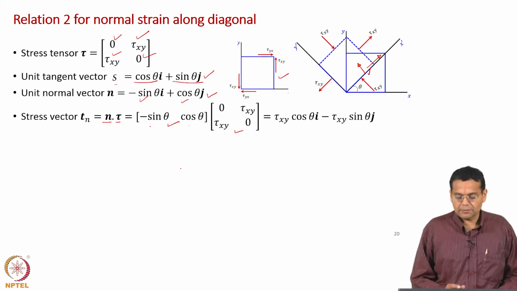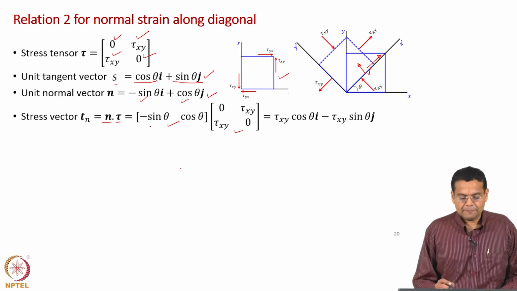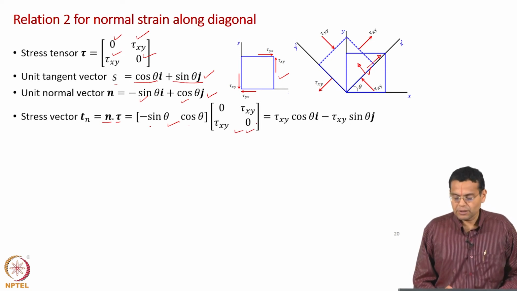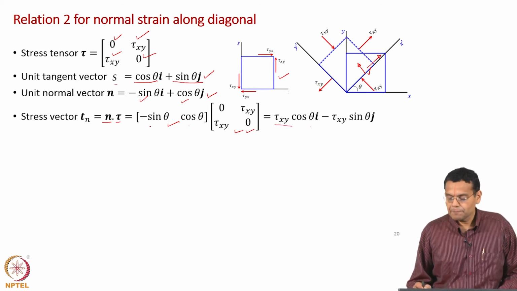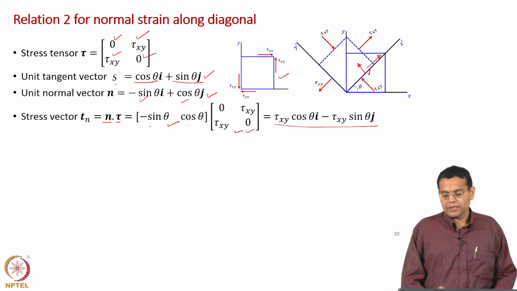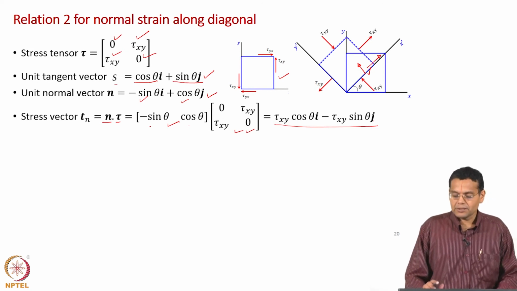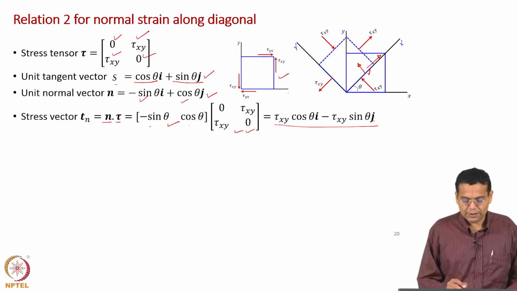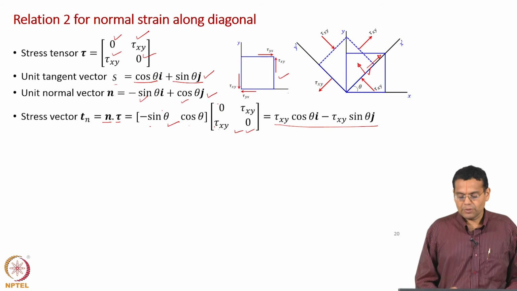We have written this in terms of matrix notation, and the stress tensor is of course given by 0, tau xy, tau xy, 0. A simple matrix multiplication will give us this vector: tau xy cos theta i minus tau xy sin theta j. How do you do that? Minus sin theta into 0 is 0, and then cos theta into tau xy will give you tau xy cos theta i.